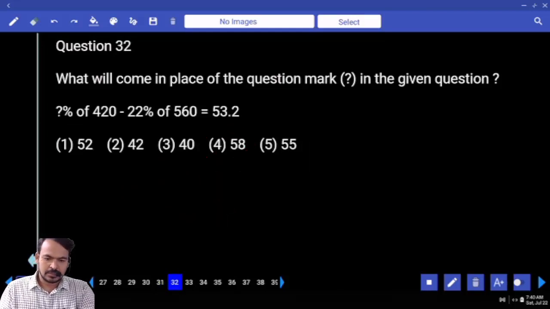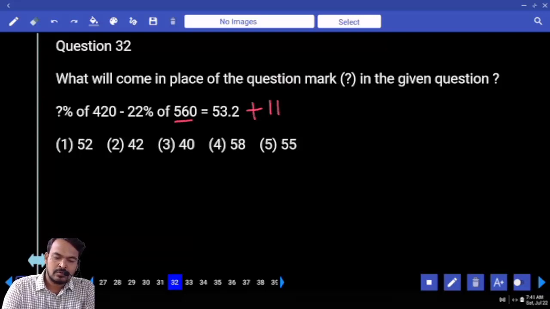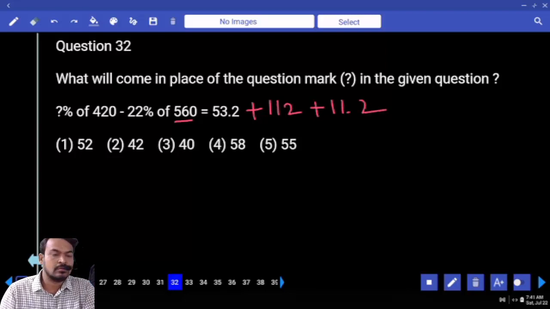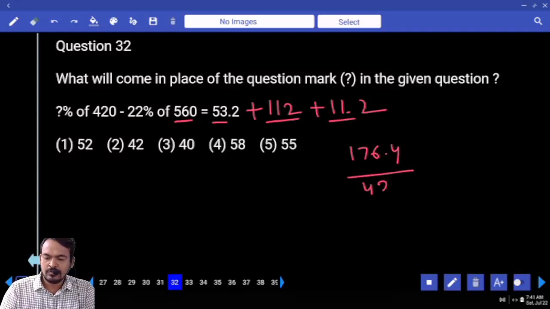Next question number 32. First priority left hand side 22% of 560. Okay. What is the 20%? 112. What is the 2%? 11.2. Okay. 53 plus 11, 64. 64 plus 112, 176.4 divided by which one? 420 multiplied by 100.